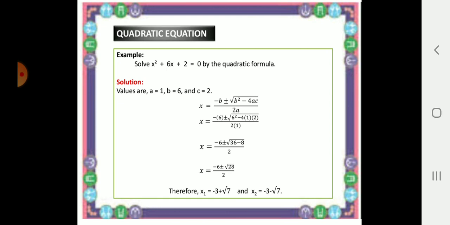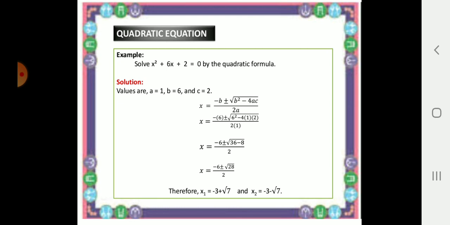So x equals negative 6 plus or minus the square root of 6 squared minus 4 times 1 times 2, over 2 times 1. So x equals negative 6 plus or minus the square root of 36 minus 8 over 2.